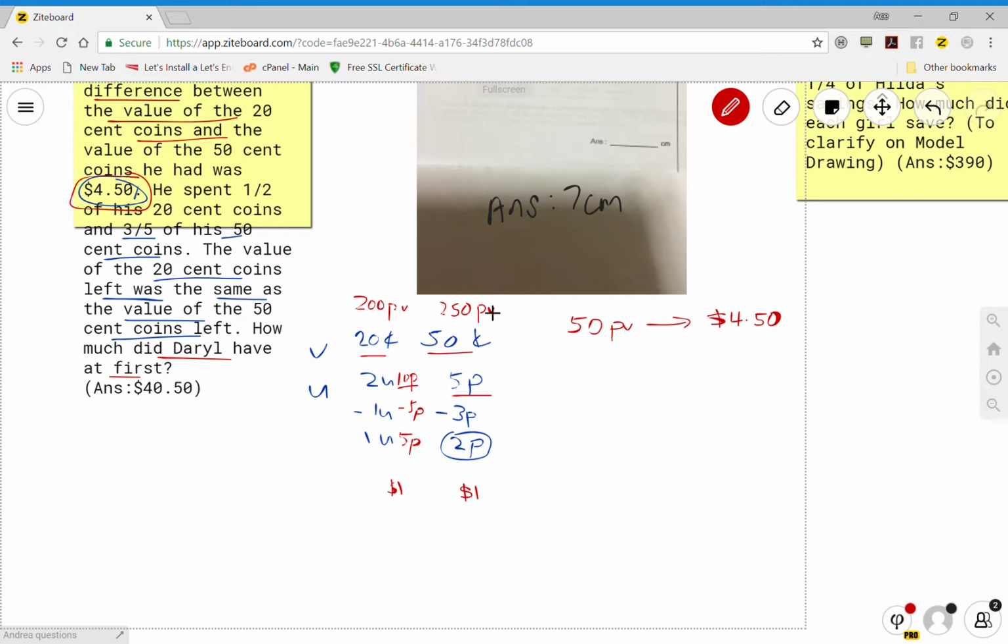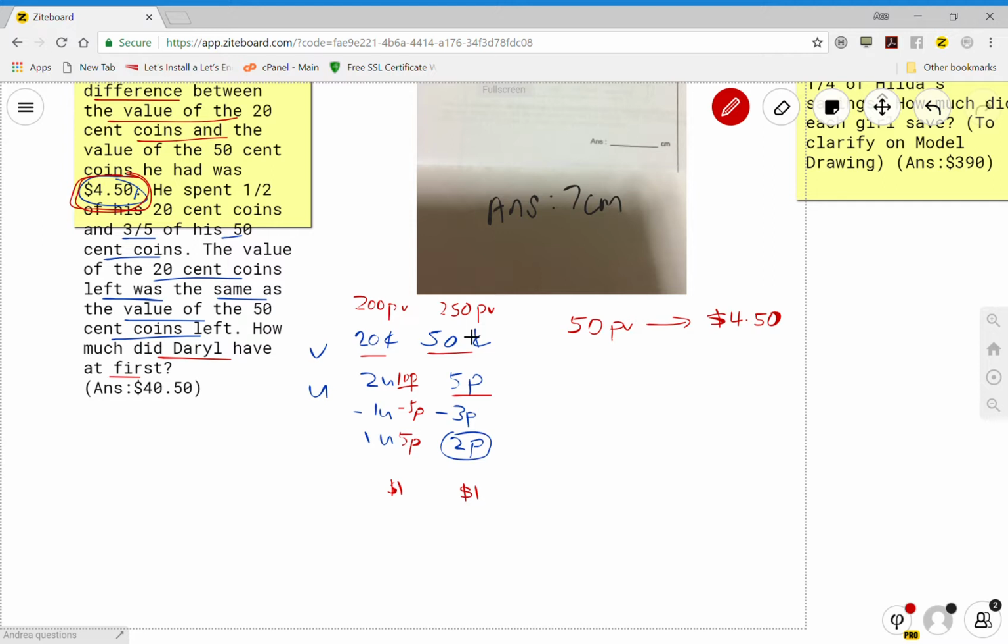Okay, I want to put a B because I want to show that this is parts times value. That means it's units and parts. Because these units and parts multiplied together represents the actual money. So if 50 PV is $4.50, how do I get that? Because there's a difference of 50 PV, right? How much did he have at first?